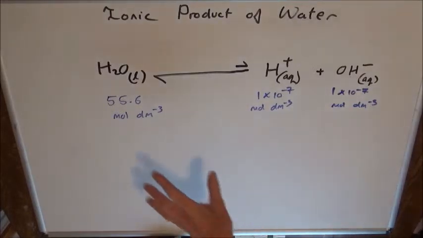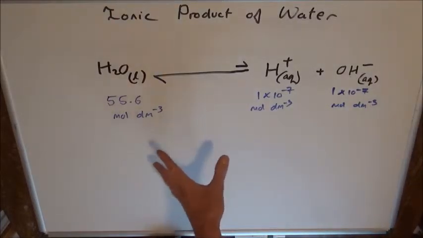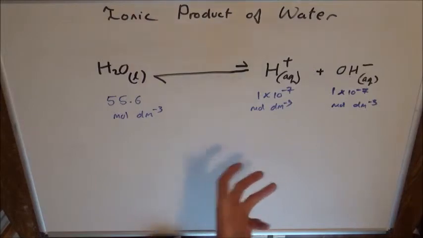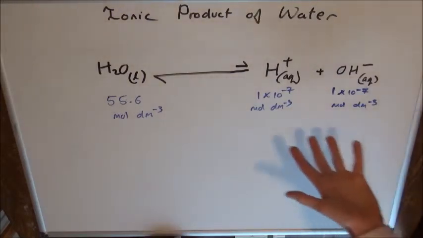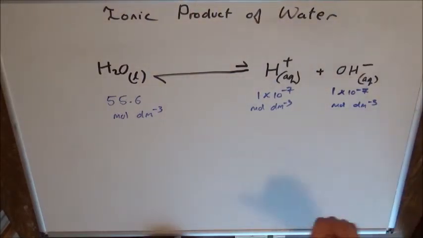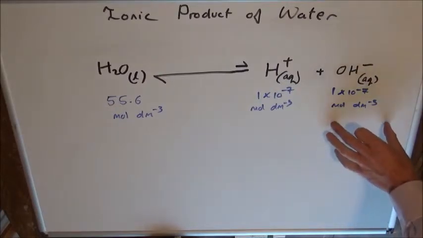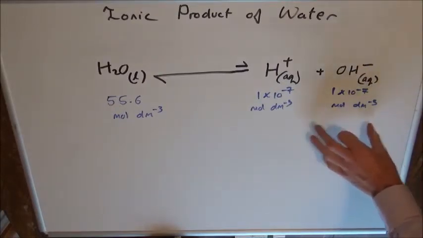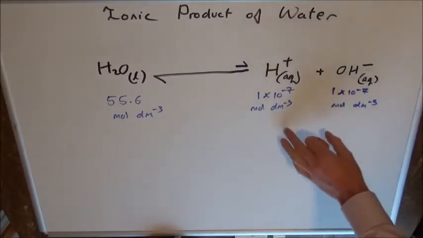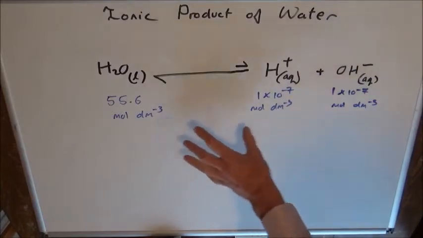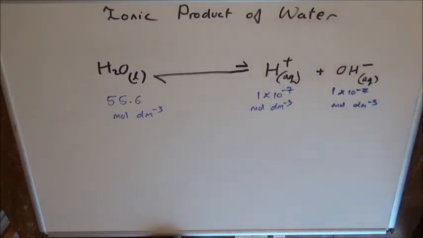But the concentration of water really wouldn't change at all. It's so large that making a few more water molecules by neutralising some H plus wouldn't change that. Similarly, if I added some extra hydroxide ions, a few of the H plus ions would be used to neutralise them. I'd make a few more water molecules, but it wouldn't change anything.